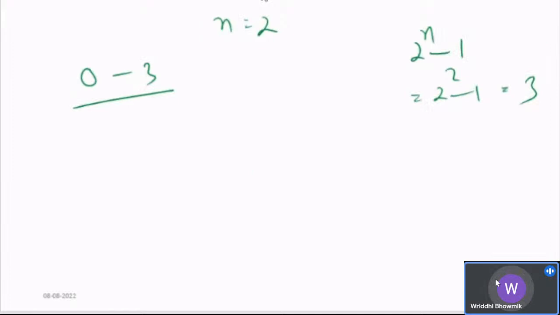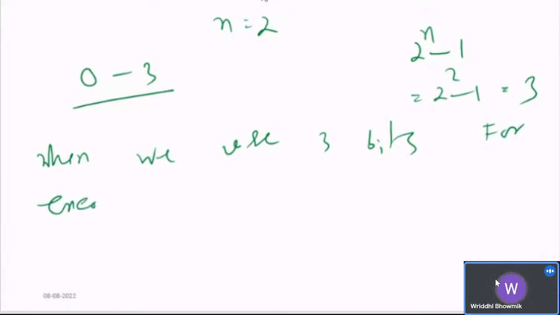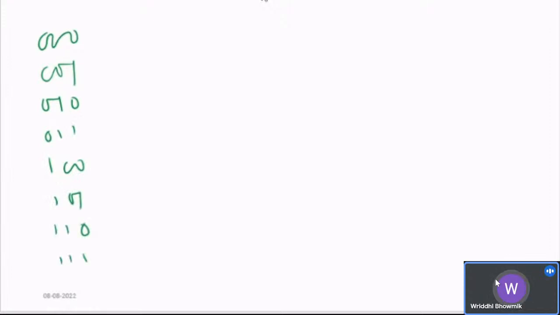Okay, and when we use 3 bits for encoding, we may have 000, 001, 010, 011, 100, 101, 110, 111.